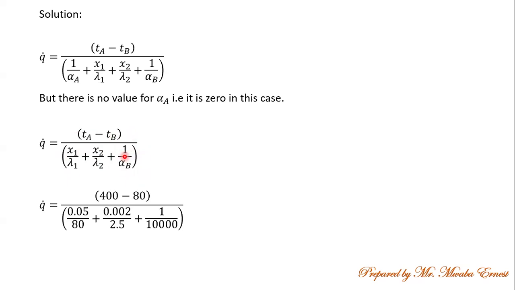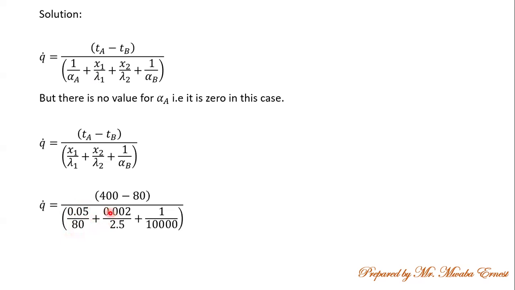So the inside temperature is 80. The temperature of the hot plate is 400. So that's TA minus TB. Then I also have X1, the thickness of the starting material, the cast iron, is 0.05. The lambda for cast iron is 80.